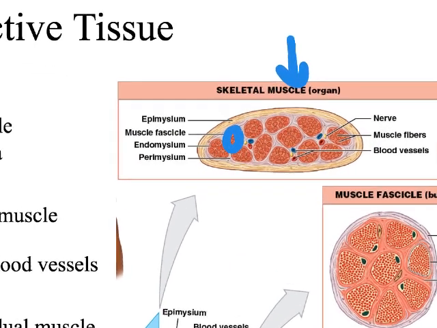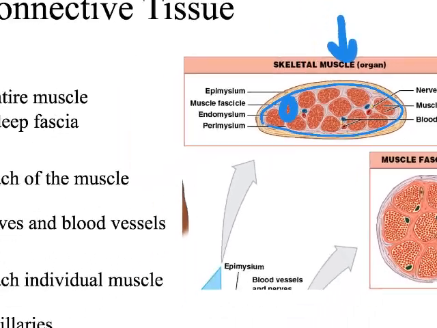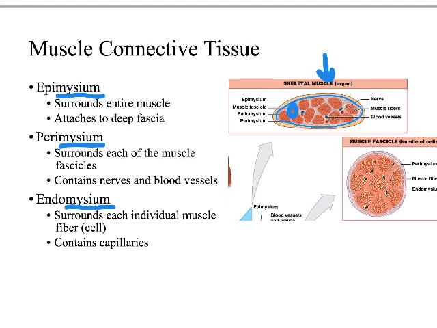If we blew this up, you would see the epimysium is the connective tissue that surrounds the whole muscle. Epi means above, if you remember, so this would be above the muscle, or outside of the muscle fibers.